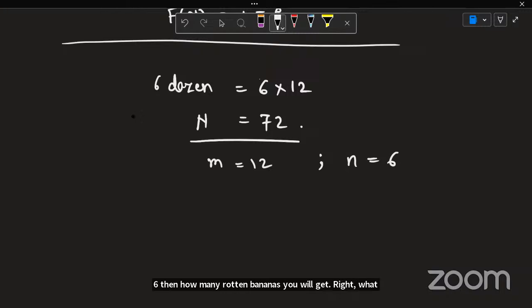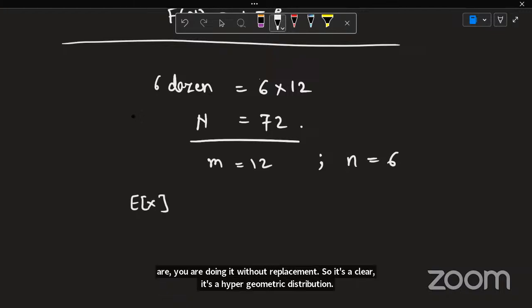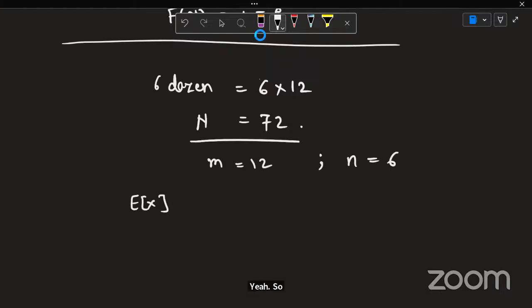They have mentioned that you are choosing the 6 bananas out of the 72 without replacement. So it's a hypergeometric distribution. For that, expectation is what? Expectation of hypergeometric is small n into m divided by N. So first, we should mention that X is following hypergeometric distribution.